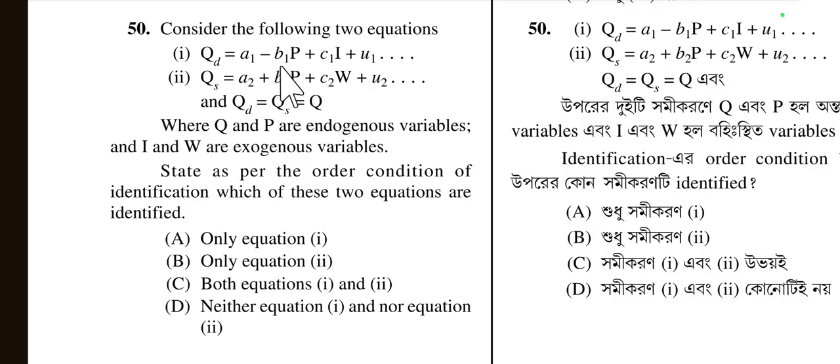So in equation 1, the endogenous variables are Q and P. So in the first equation there are two endogenous variables. Then the exogenous variable is I, so one exogenous variable.